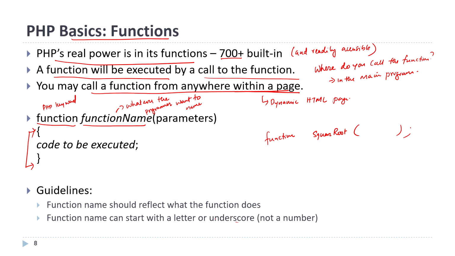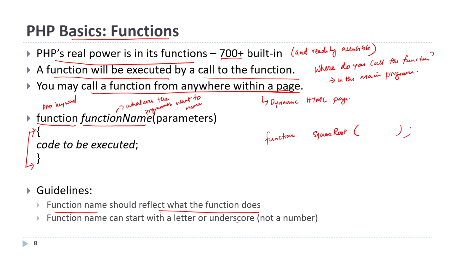A couple of guidelines: the function name should reflect what the function does. You should not name a function that finds the square root of a number my function, or some weird function. Name it in such a way that when you read the name of the function, you know what it is.